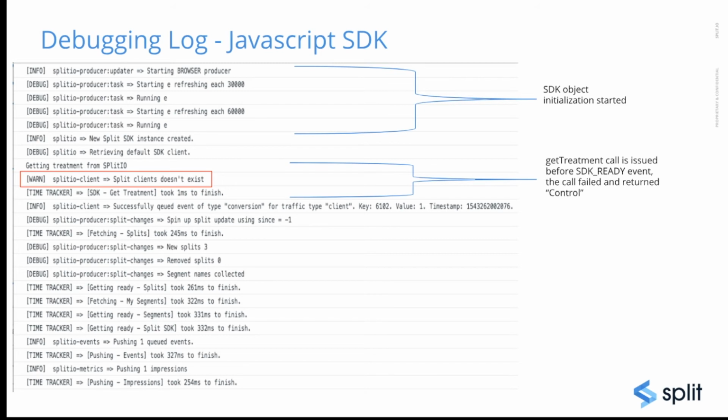We did not see that everything is ready and the segments and split definitions have been downloaded before the getTreatment call, and we can see here that it says the split client doesn't exist. I mean, the client object is not ready yet. Afterwards we do see that the information is downloaded from Split Cloud, and presumably this is where the SDK is ready.